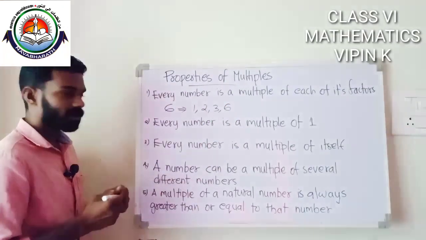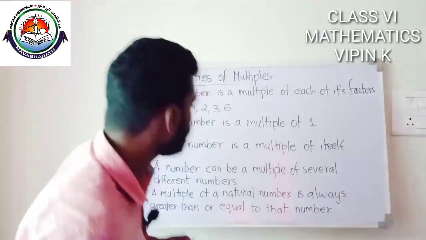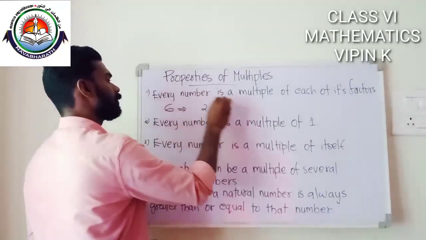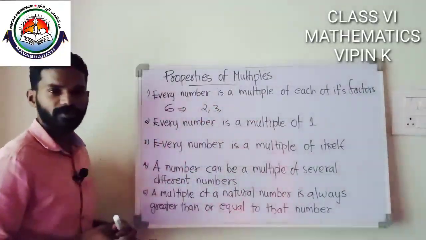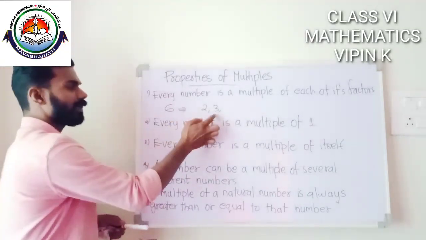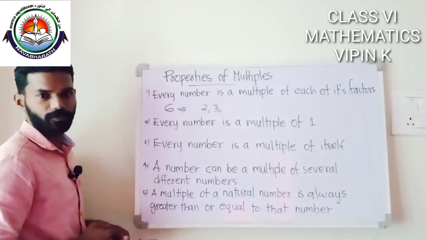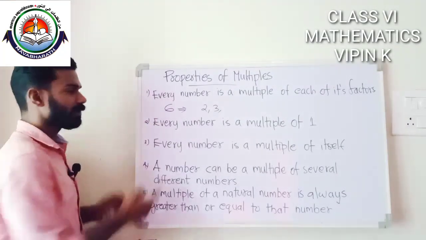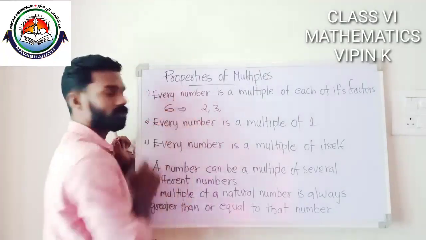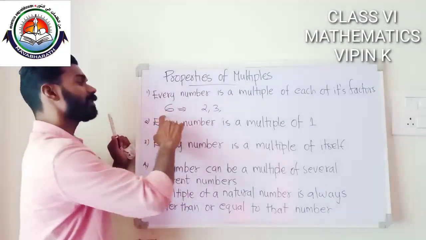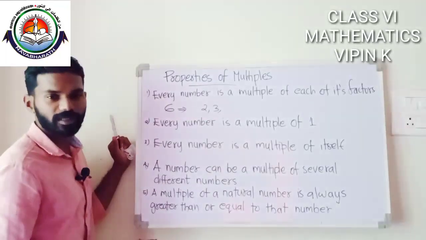Out of these, consider the two factors 2 and 3. 2 and 3 are factors of 6, so we can say that 6 is a multiple of 2 and also 6 is a multiple of 3.